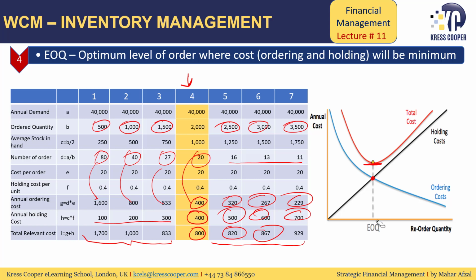Moreover, this graph reflects that if we are ordering a quantity less than the EOQ level, then my holding cost will be less, but my ordering cost will be high. And if we are placing an order more than the EOQ level, then my holding cost will be high, but my ordering cost will be low.